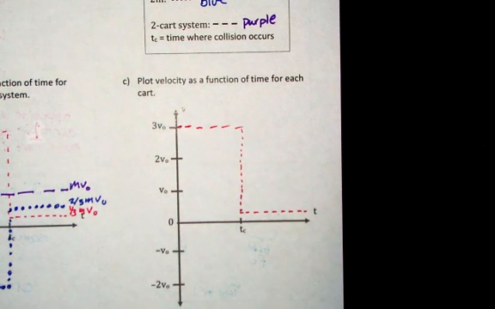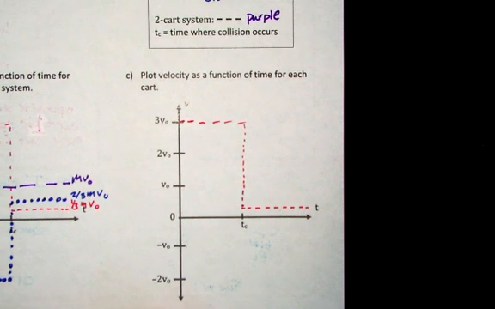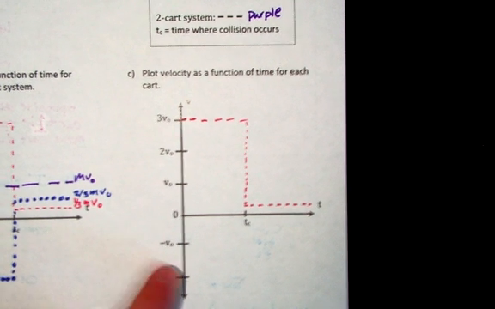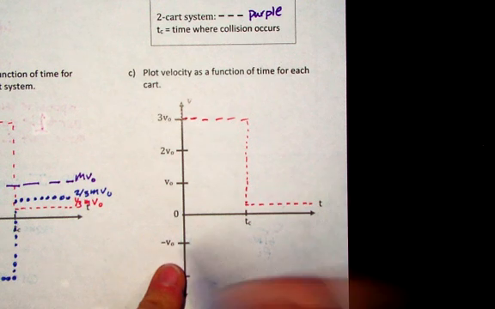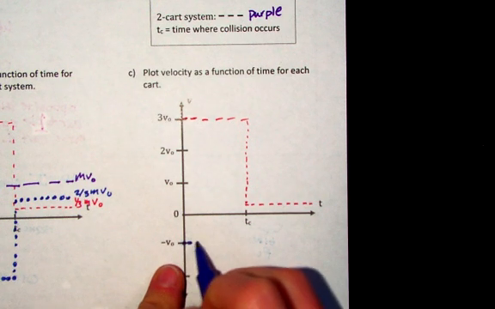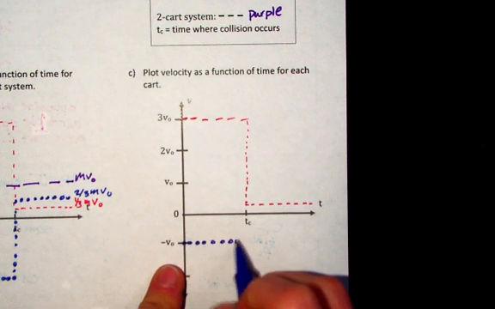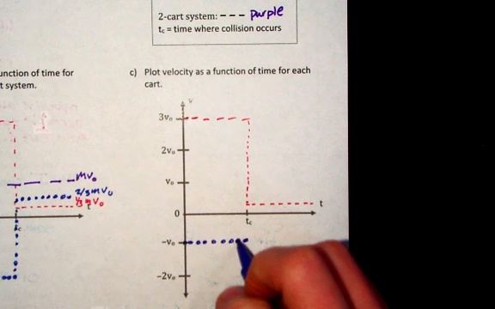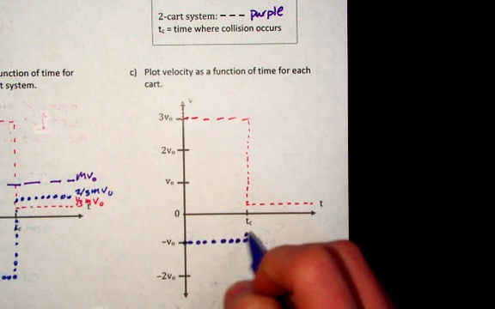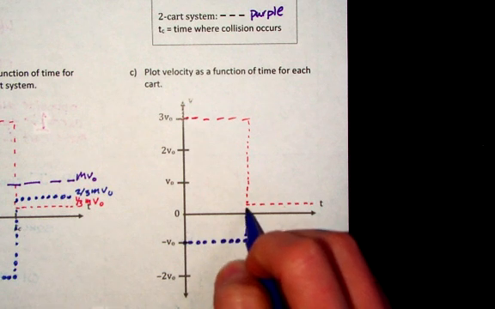And what did the blue start at? What was the velocity of the blue initially? Negative v naught. And then that changed to 1/3 v naught. All right, so here we can see the change in velocity.